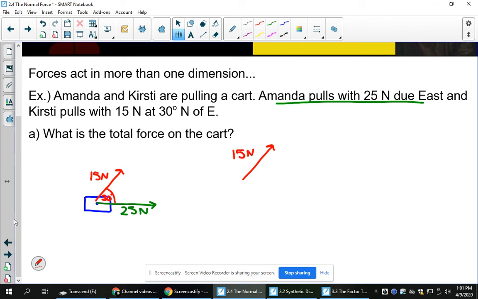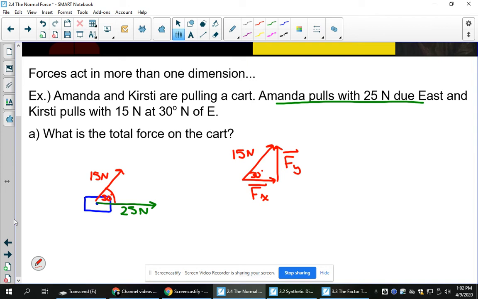15 newtons. It's going to have an x component and a y component. And you can quickly do your SOHCAHTOA to figure out the force in the y and the force in the x. Very similar to what we did in Unit 1.